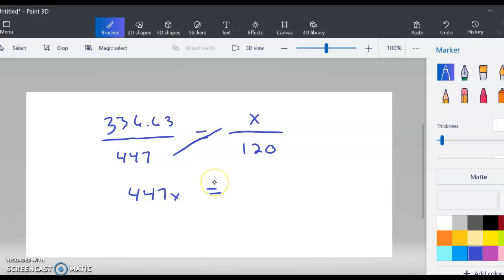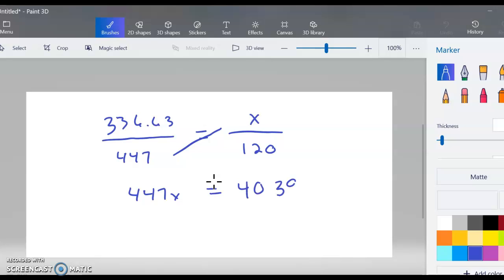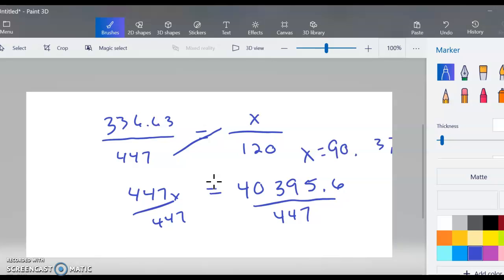Alright, so 336.63 times 120 equals 40,395.6, and I used a calculator, so please use a calculator. And to find my answer, I'm just going to divide each side by 447. And that equals, x will equal 90.37, okay?